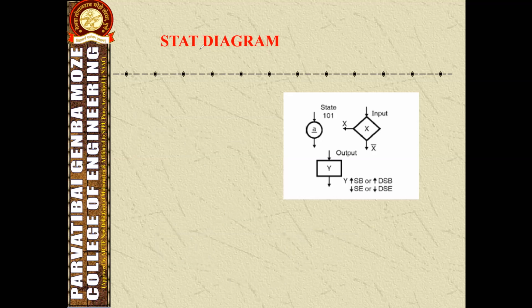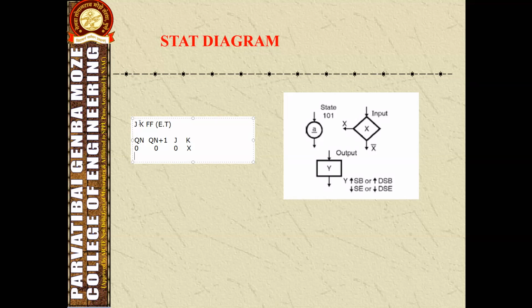So now see the excitation table for JK flip-flop. It has present state, input and next state output, and there are two inputs J and K. For the combination 0 0, what input do we have to provide?